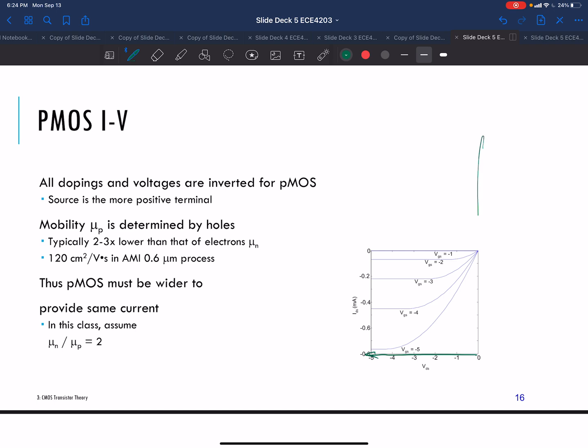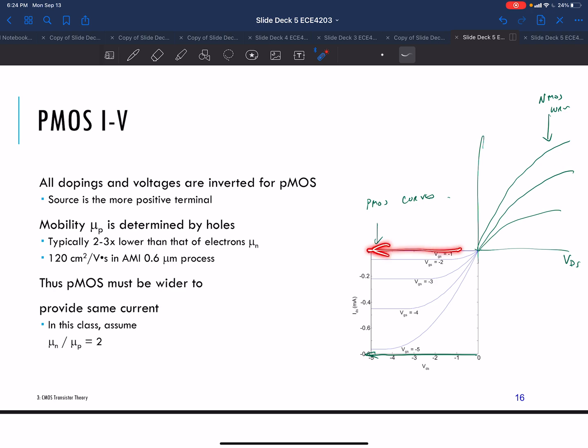So if I was going to plot an NMOS curve here, this would be VDS, NMOS curves would kind of do like this, whereas the PMOS curves do this. So as VDS gets more negative, you start saturating. And as VGS gets more negative, you get more current flowing. So this is the nature of the PMOS.